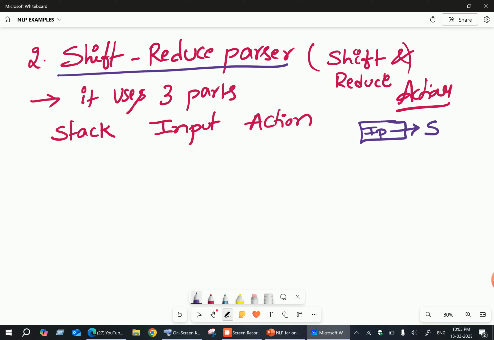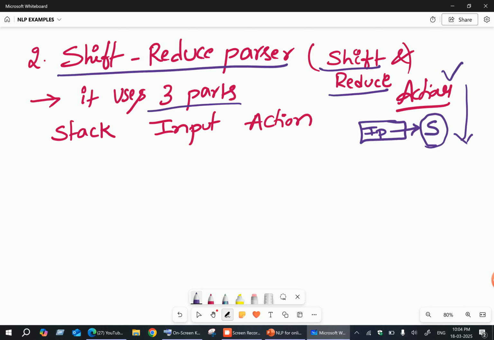Mainly, the shift reduce parsing algorithm uses shift and reduce actions to compress the given input string, to reduce it to the start symbol.